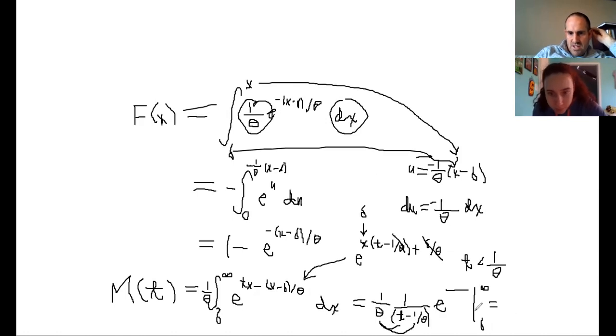And by the way, all of this has a negative sign attached, because it was evaluated at infinity minus evaluated here. So I could take care of that by flipping these around, like multiplying by a minus sign. So it's going to be 1 over 1 minus theta t.